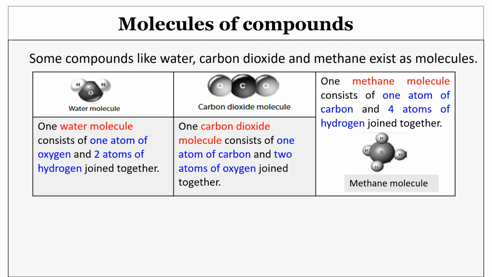One carbon dioxide molecule consists of one atom of carbon and two atoms of oxygen joined together. One methane molecule consists of one atom of carbon and four atoms of hydrogen joined together.